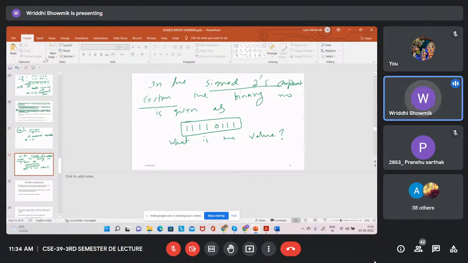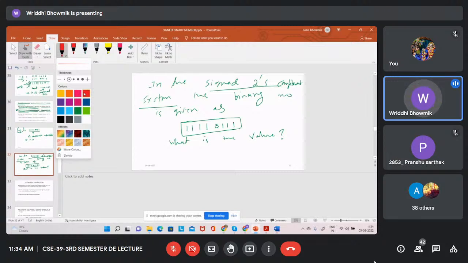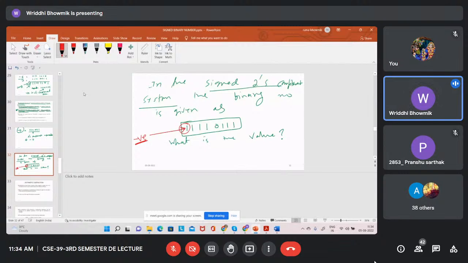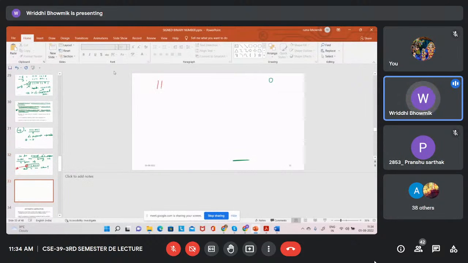Okay. Now how to find out? You see that at the leftmost position you have 1, so it should be a negative number. Right. Now what you will do, whatever number is given to you and it is written it is in the signed twos complement system, so again do the twos complement of this binary number including the sign bit. So what you have, 1 1 1 1 1 1 0 1 1, right?